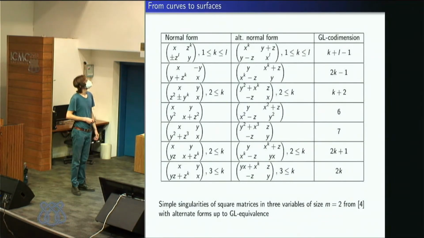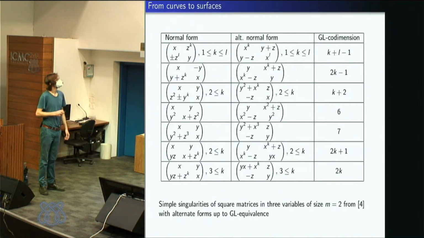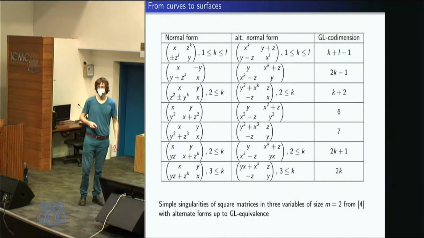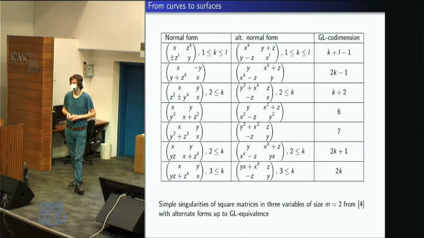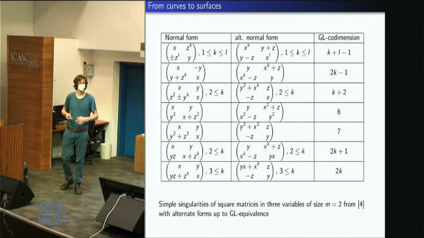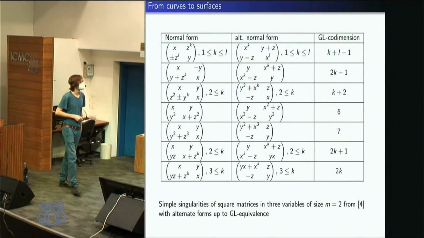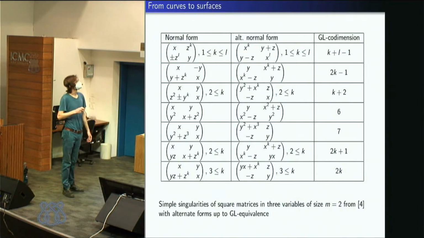Right? So let's look at the surfaces. This is now a modified list from the simple surface singularities, or the simple 2x2 matrices in 3 parameters by Bruce and Tari. And these are their original normal forms, and here in this other column I show you some modified version, so that you see how this symmetry breaking addition of the new variable comes into play, right?